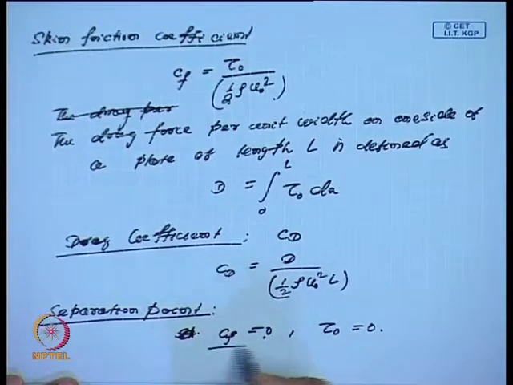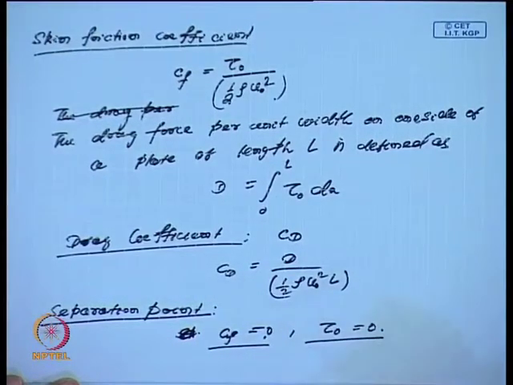Often this point is called the separation point. It can be seen that flow separation occurs in the region where pressure increases, near the boundary layer.